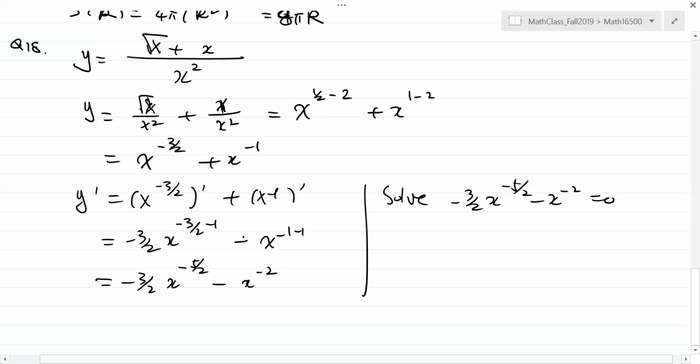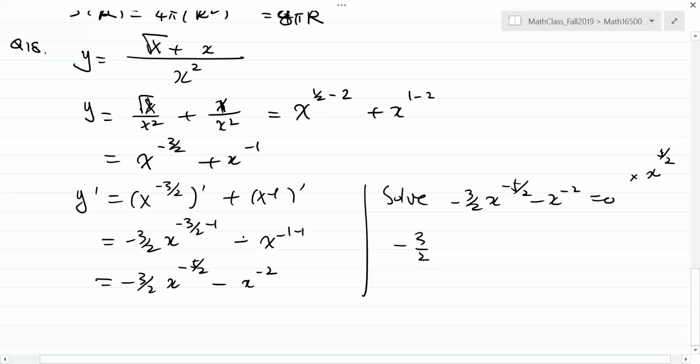All right, so x cannot be 0. So I would like to multiply by x to the 5 over 2. I don't like negative powers, so if I do that, I can get all positive powers.